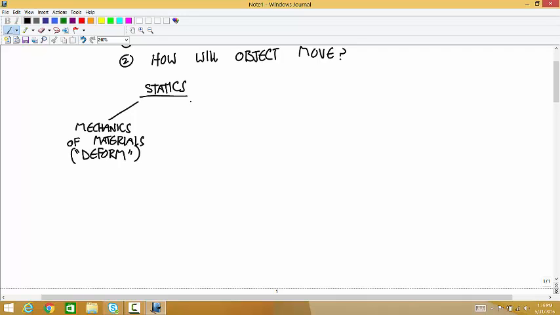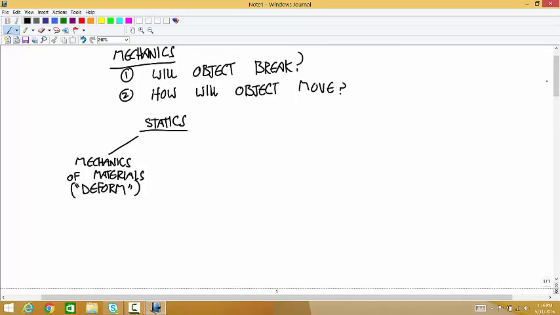This is the side that has to do with will the object break, and there's obviously some overlap in these different sides. And then the other direction is dynamics. And that has to do with how will the object move.